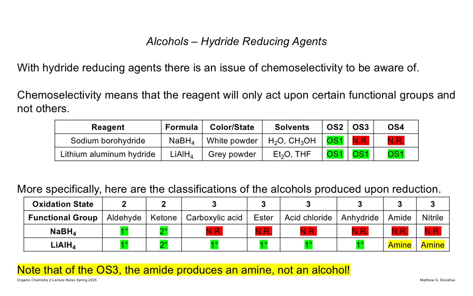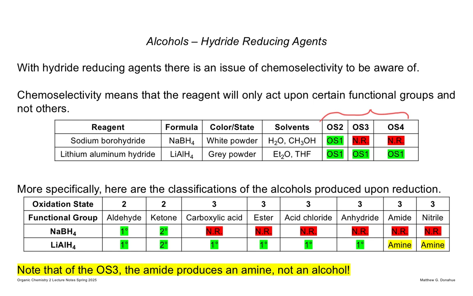So what can we use it for? The two reagents, sodium borohydride and lithium aluminum hydride, have different reactivities. So you see the oxidation state listed here, and then you see the stoplight system. So sodium borohydride is only green lit for oxidation state 2.